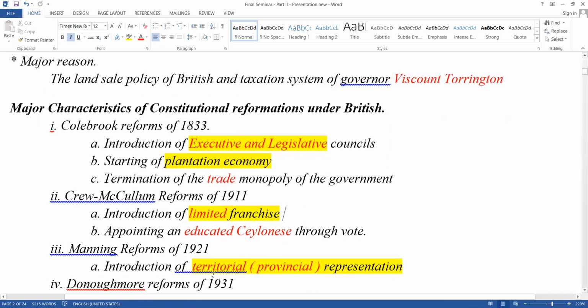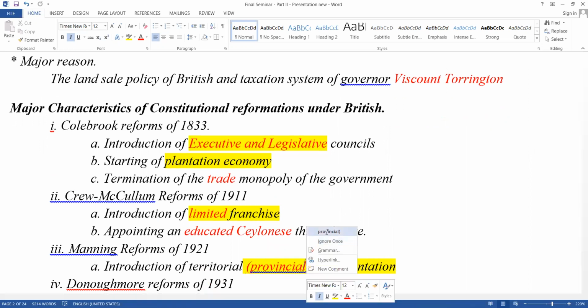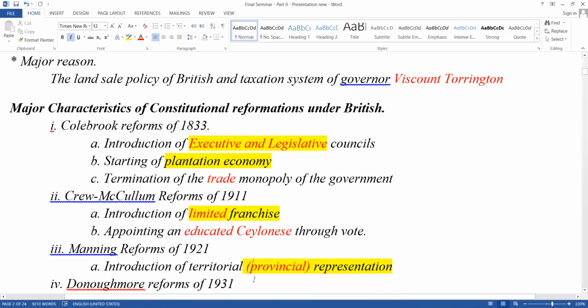Ponnambalam Ramanathan. Manning reforms of 1921, they introduced territorial representation. What is territorial representation? Provincial representation. Provincial representation means the members were appointed or elected to represent an area, like representing Colombo, representing Jaffna.